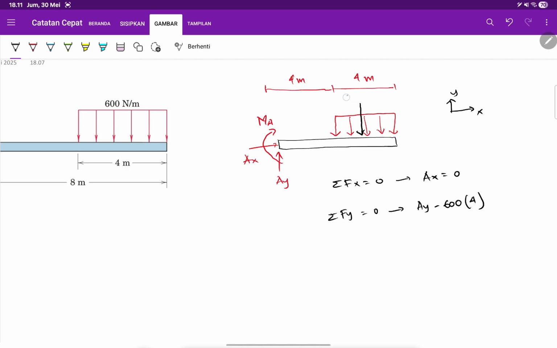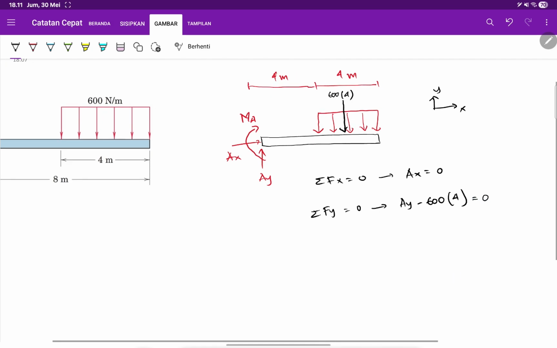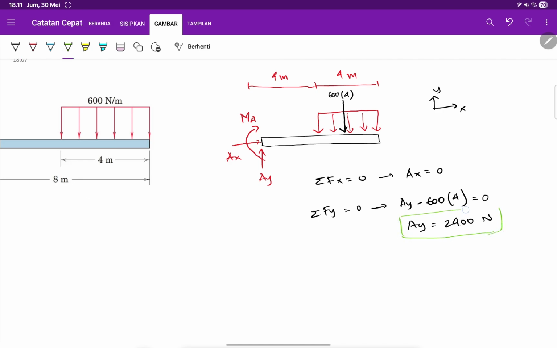So 0 equals 0, so your AY is 2400 Newton. Okay, and let's make it in a green box, so we know that this is the solution.